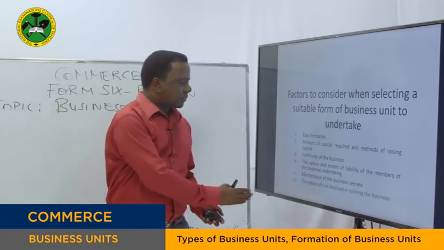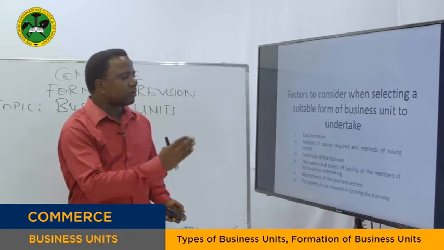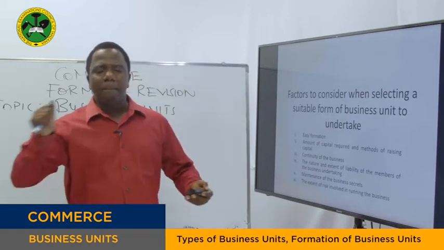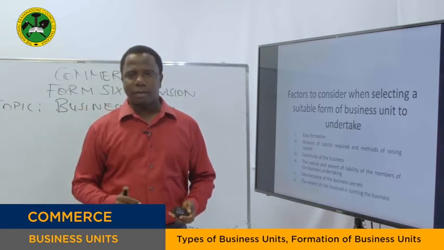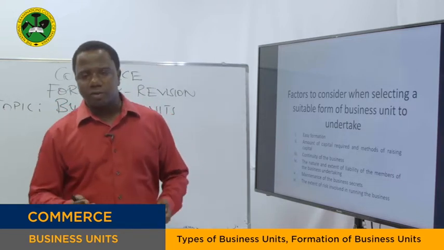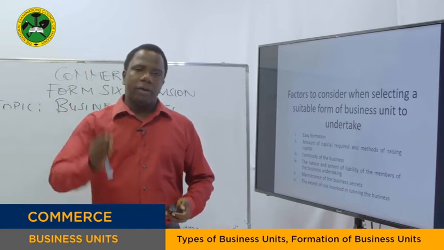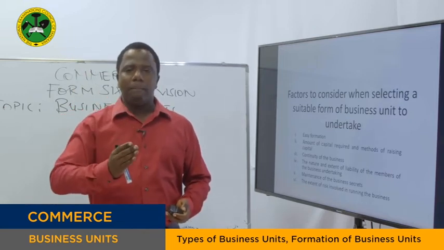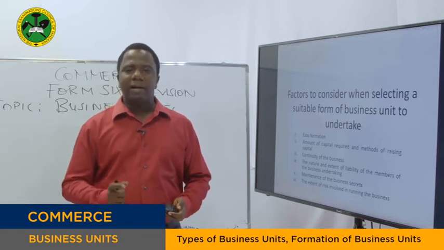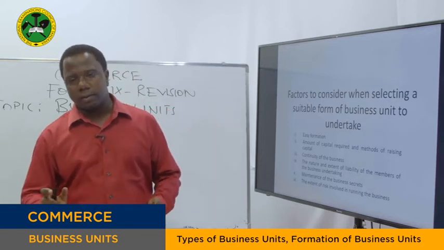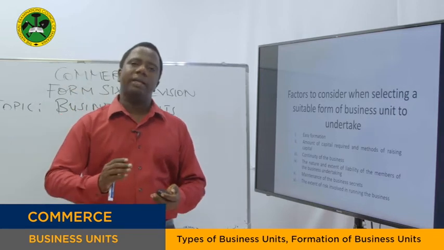Another one is the extent of risk involved in running the business. There are some businesses which are riskier than other businesses. And there are some businesses whereby risks are borne by the owner only. But in some businesses, risks can be shared by many people.